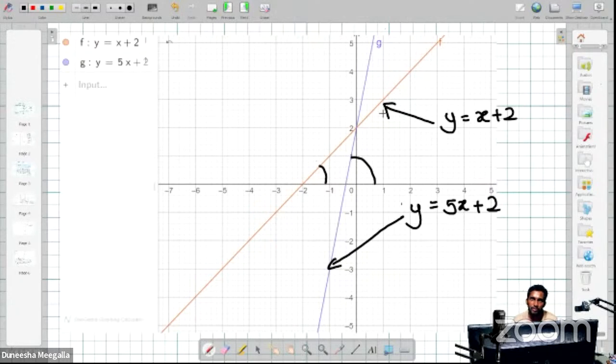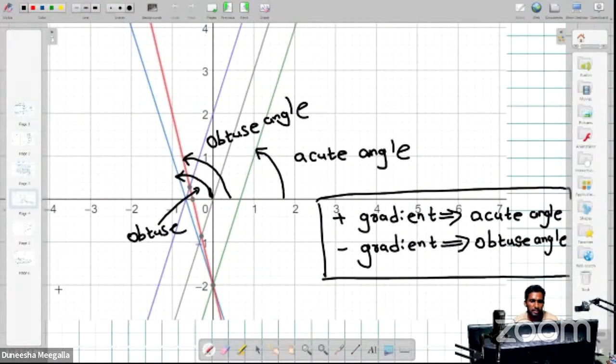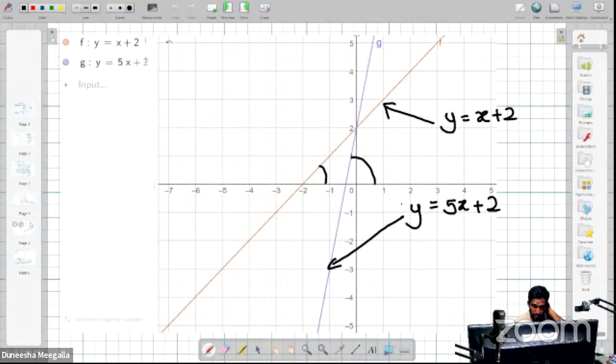Okay. Earlier we talked about this. What happened? There was the same gradient, right? Can you remember? In all three of these, the gradient was the same, but the intercept was different. Now we are talking about same intercept and different gradient.